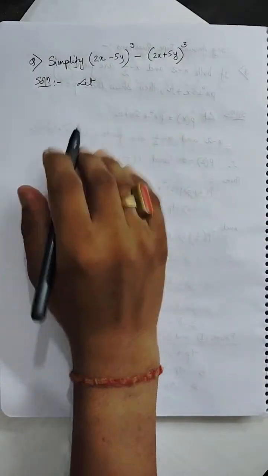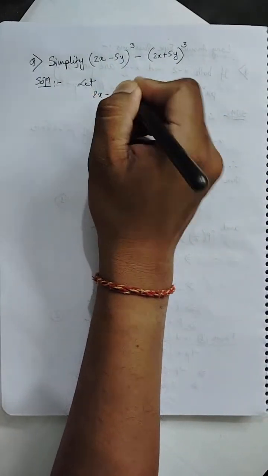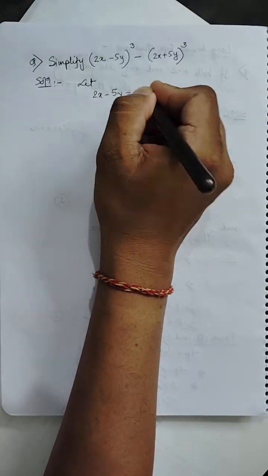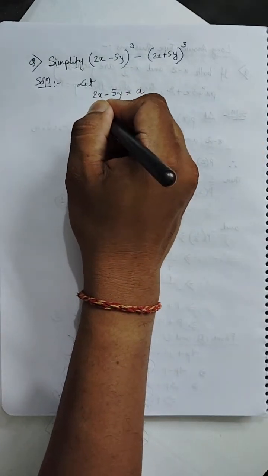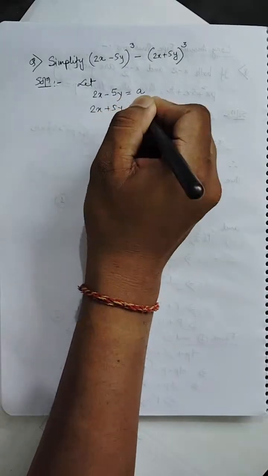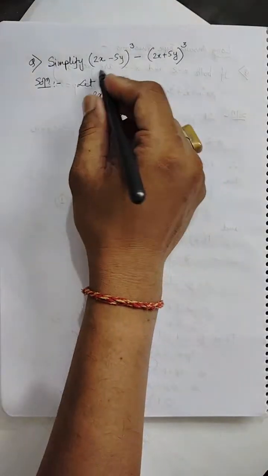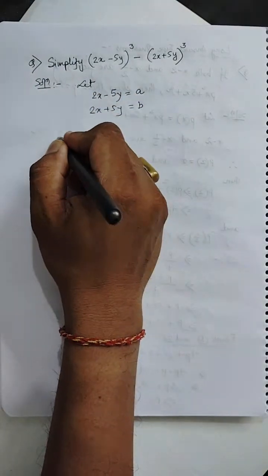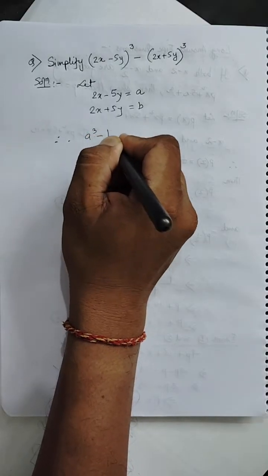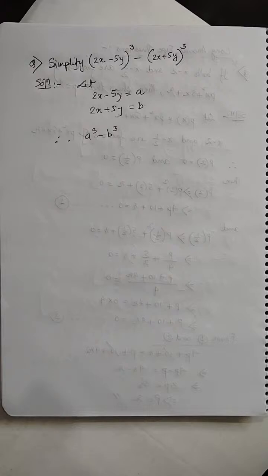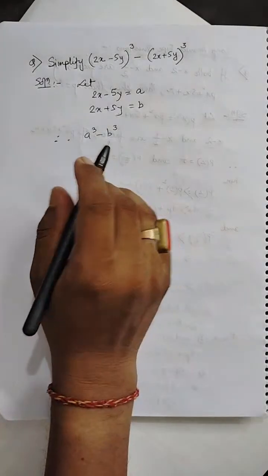So just like the previous question, we will assign another variable to these two terms. Okay. So let 2x minus 5y equal a and 2x plus 5y equal b. Then if we replace the values, this will become a cube minus b cube. I will just take a minute, okay?